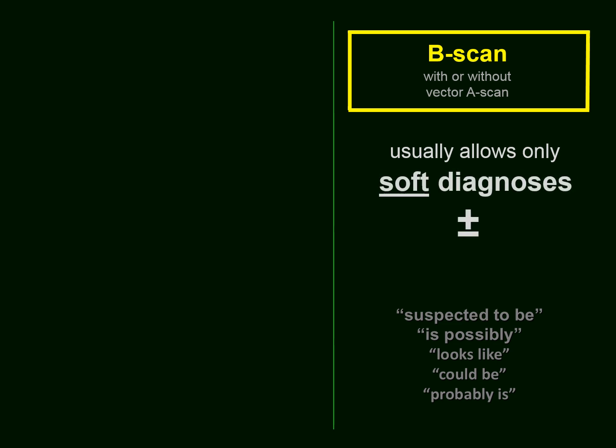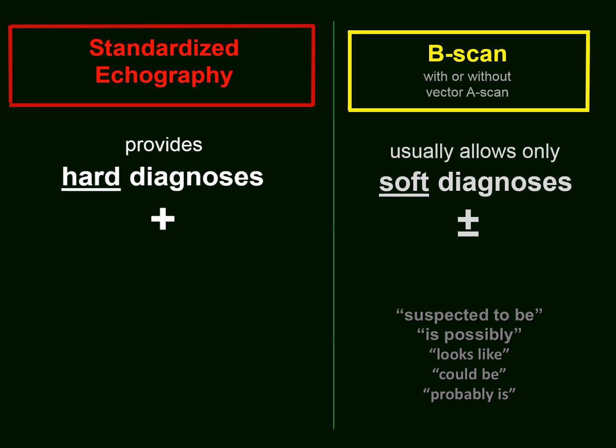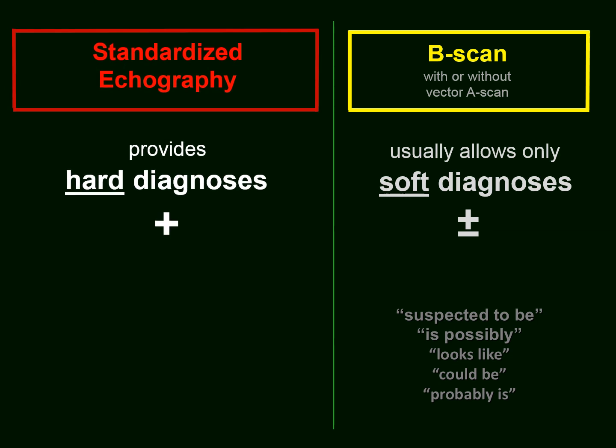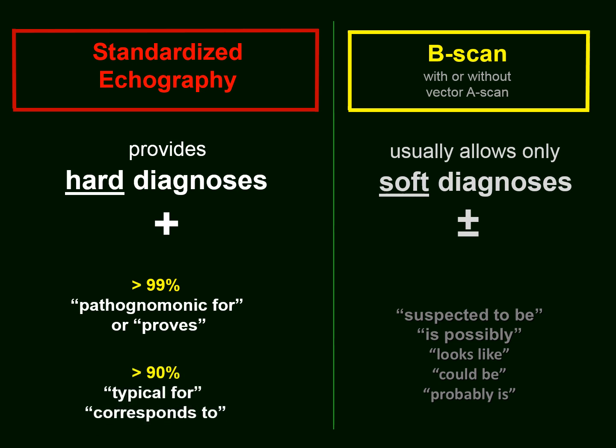but soft diagnosis. In contrast to that, the standardized echography, which combines the B-scan with the standardized A-scan, provides hard diagnosis, 1+. More than 99%, we may call it just pathognomonic for or proves this lesion. If it's more than 90%, then we can say typical for or corresponds to that lesion.